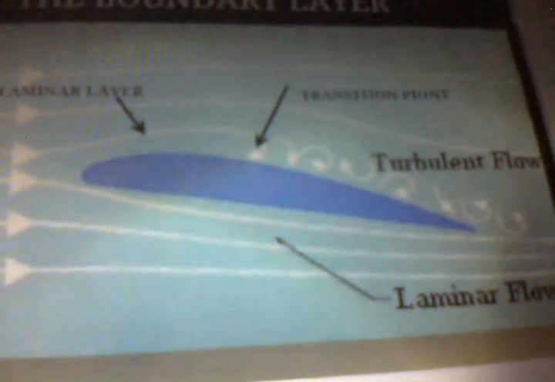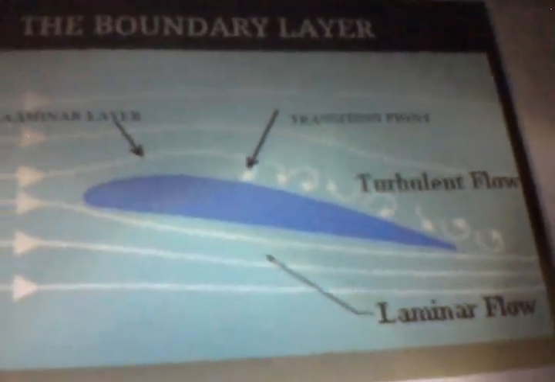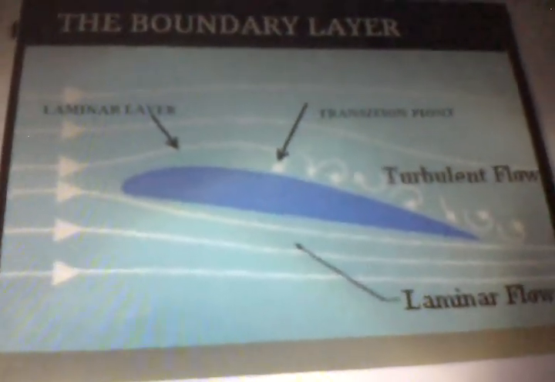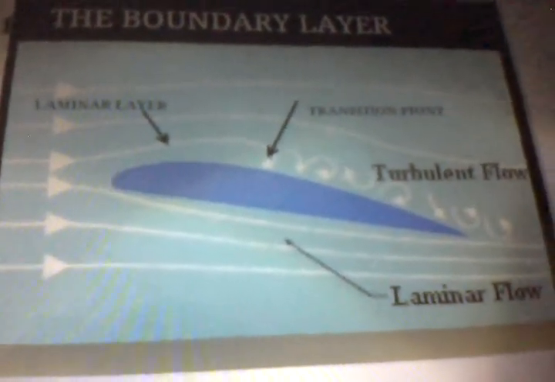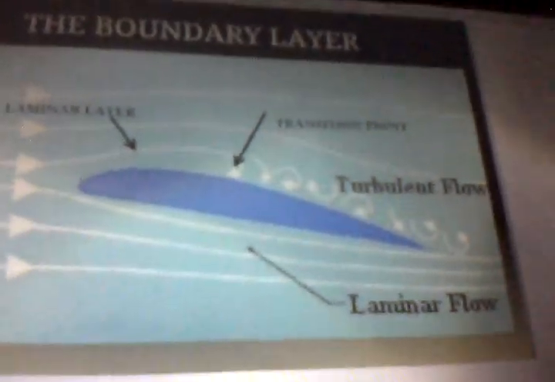Now the transition point is a point where you have the surface friction. Once you have that surface friction, it starts to change from the laminar layer or the laminar flow to what is called the turbulent flow.